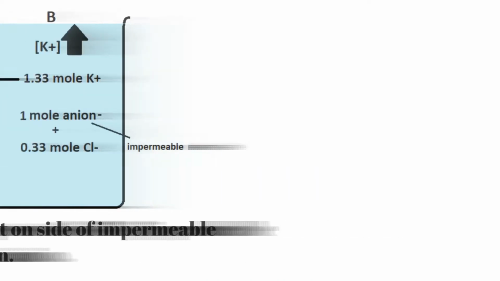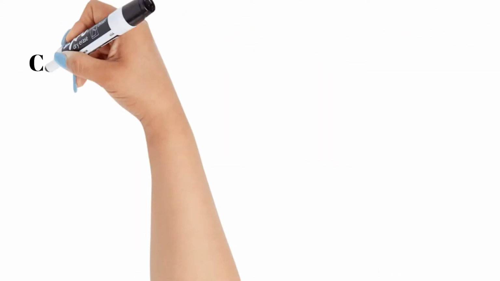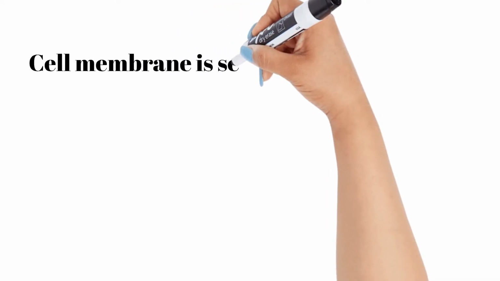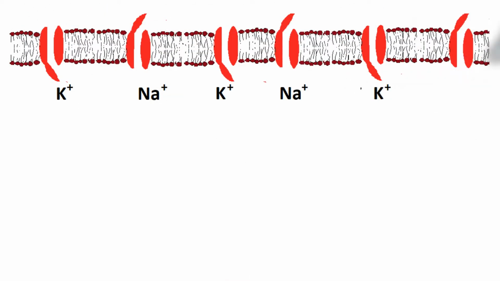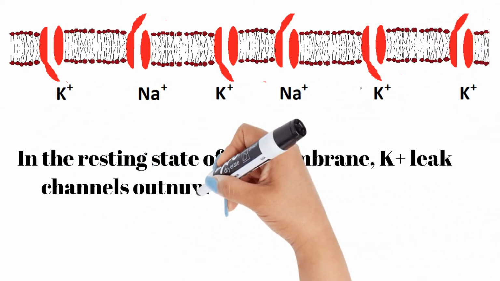Now, let us borrow this hypothetical analogy to a living cell. Our cell membrane is selectively permeable, having selective protein channels for movement of ions across it. In the resting state, cell membrane is more permeable to potassium ions than to sodium ions.